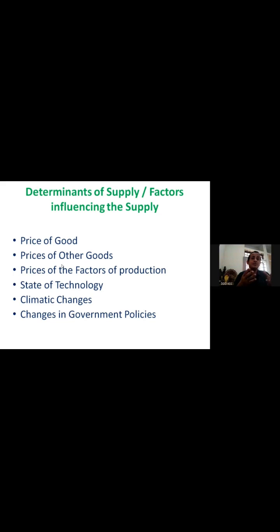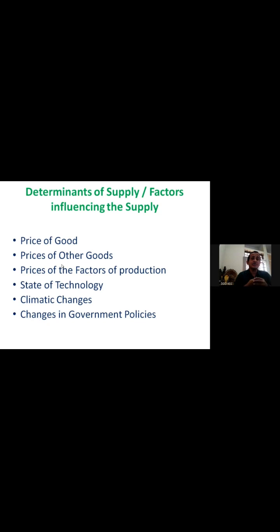Innovators means one company does innovations, and those same kinds of innovations are then adopted by many other companies. So in this process, when companies adopt advanced technologies, they can produce more with less cost. So that is another factor which affects the supply.